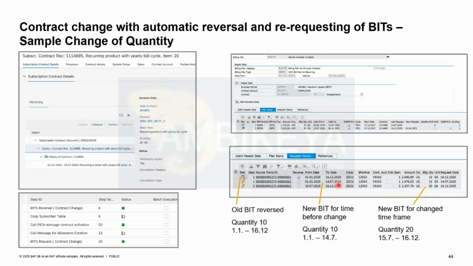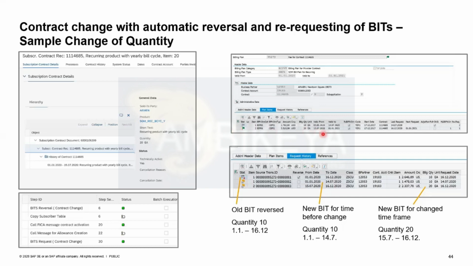So till the time when the change is executed on the 14th, until the end of the 14th, the first bill plan item is active. And for the new change, we basically executed a change of quantity in this sample. So when the change of quantity is executed on the 15th, starting from the 15th, there is a new bill plan item.